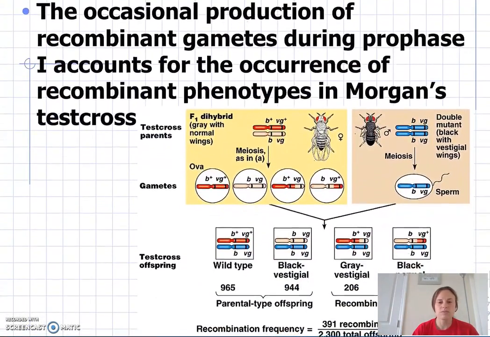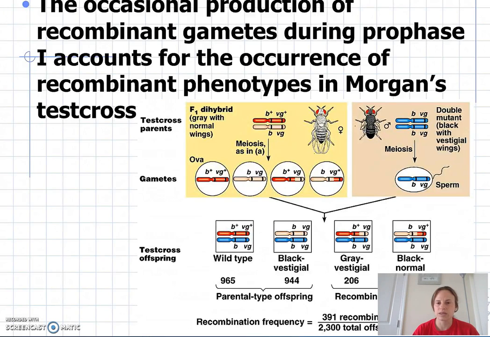So taking this to Morgan's experiment, let's see what the chromosomes would look like. So here I've got my test cross that involves the parents. I've got my female that is heterozygous for both traits, and she can create these 4 potential eggs.